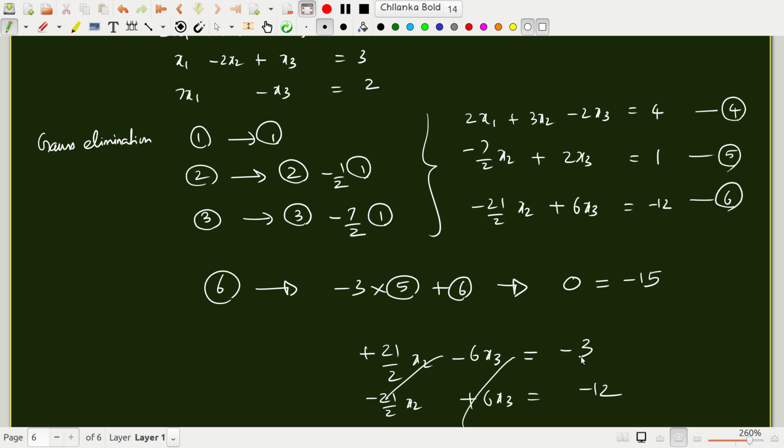So this cancels if I add up, but this gives rise to minus 15. So this is inconsistent. That means that this system of equations cannot have a solution.